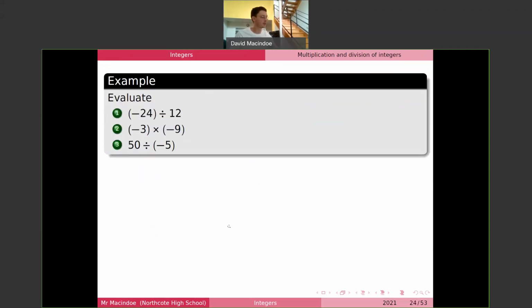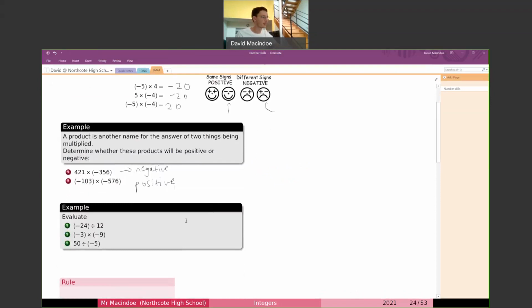All right. So let's just evaluate some of these. Here we've got minus 24 divided by 12. Here I've got opposite signs, so I know my answer is going to be negative. So I'll draw that negative sign in. 24 on 12. Well, I know 2 times 12 is 24, so it must be minus 12. This is what I mean by being really quick with your times tables is helpful. Just being able to do that makes that division easier, knowing my 12 times tables.